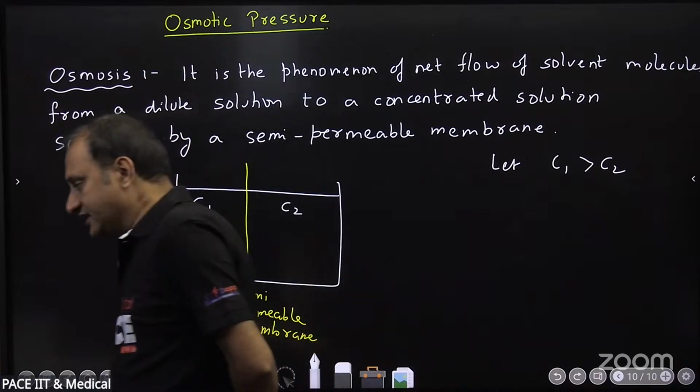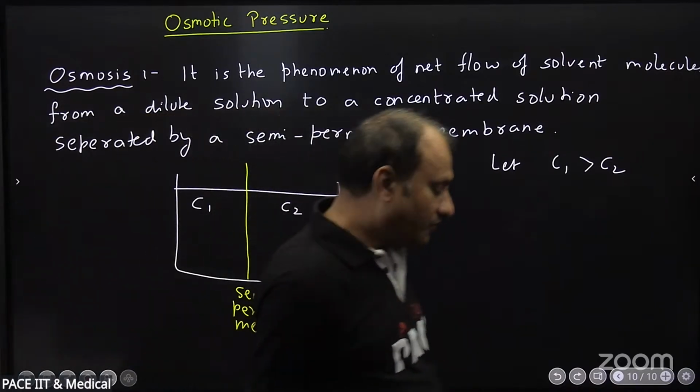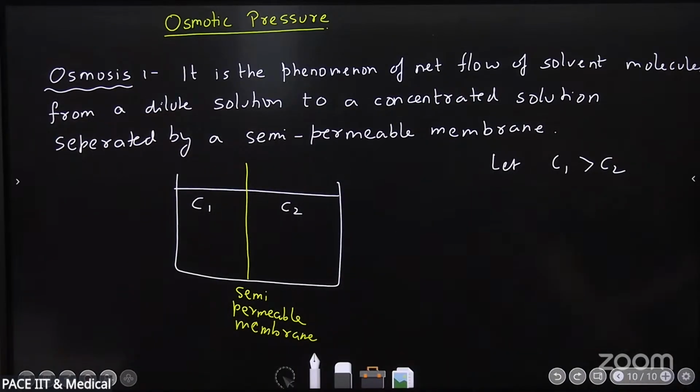It means on the left side, we have a concentrated solution. On the right side, we have a dilute solution. Now what will happen? There is a membrane between them, and the membrane is semi-permeable. It means the membrane will not allow solute molecules to cross over to the other side, but solvent molecules from both sides will cross over to enter the other side.